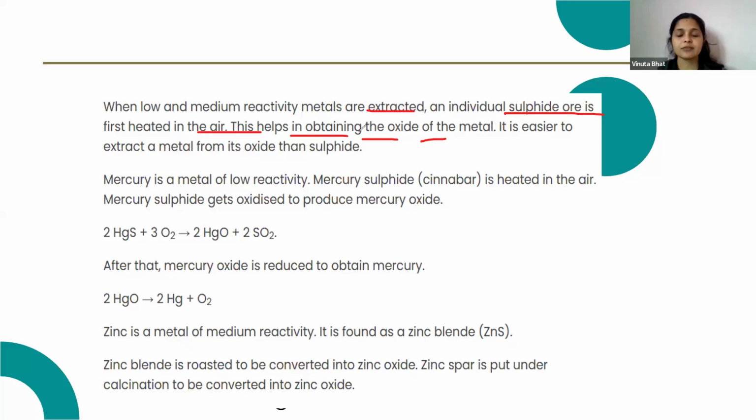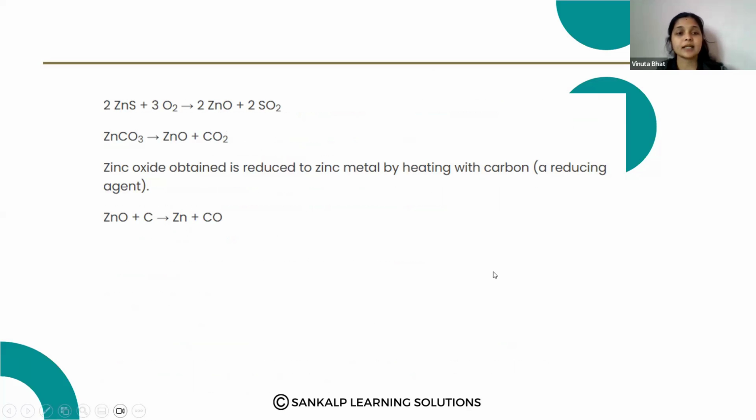The zinc sulfide is converted into zinc oxide when it is heated in the presence of oxygen. Then, when zinc oxide is reduced with carbon, it forms zinc and carbon monoxide, where carbon is the reducing agent.